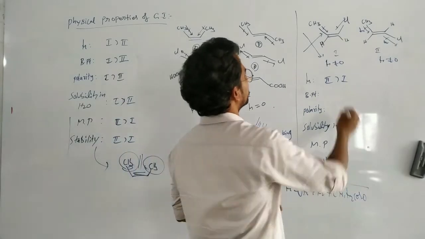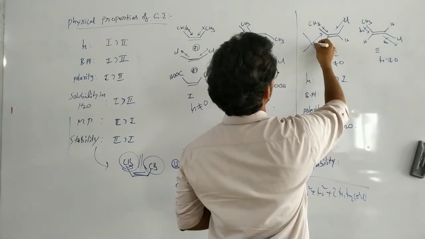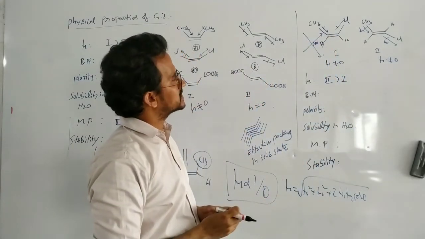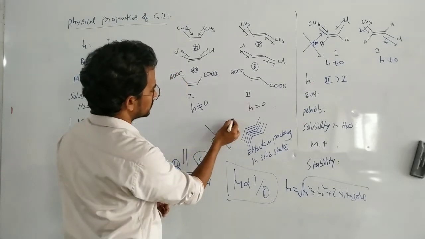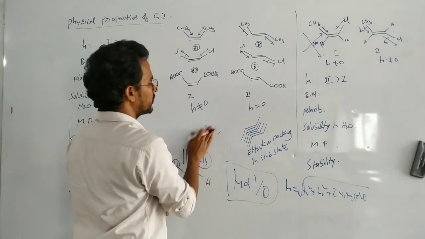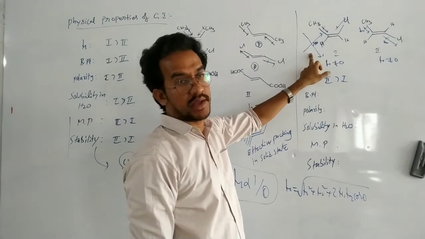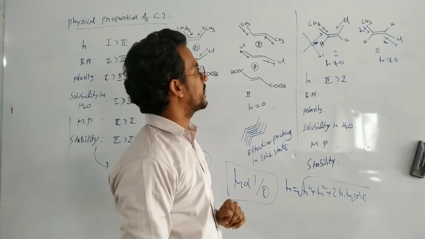Here in this case, the angle is, I think, 90 degrees. Yes, 90 degrees mostly. So that means it has a lower dipole moment. The higher the bond angle, the lower the dipole moment.